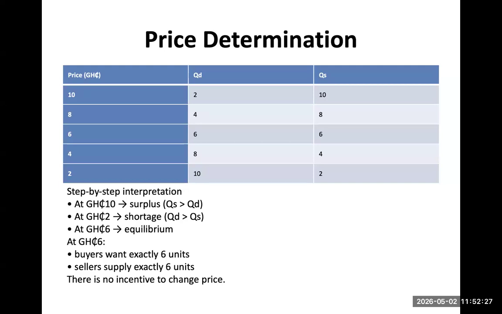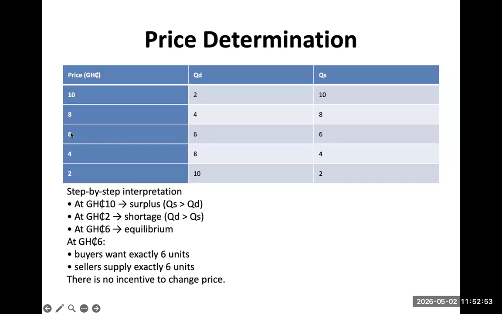So at the price of 10 Ghana cedis, the buyers bought 2 units of mobile phones. At the same 10 Ghana cedis, the suppliers were supplying 10 units of mobile phones. When the price fell to 8, the buyers were buying 4 mobile phones, but the suppliers were supplying 8 phones.